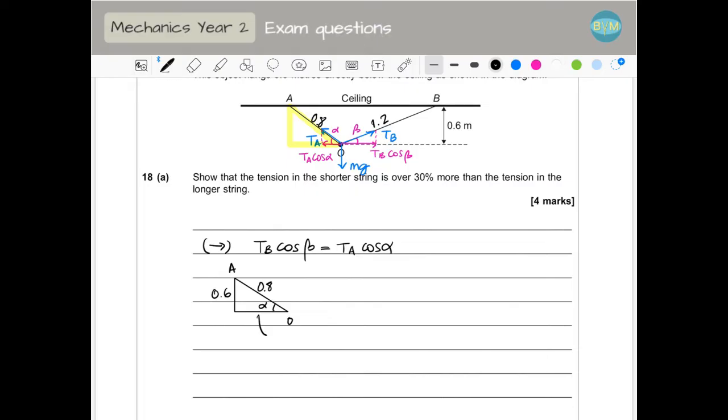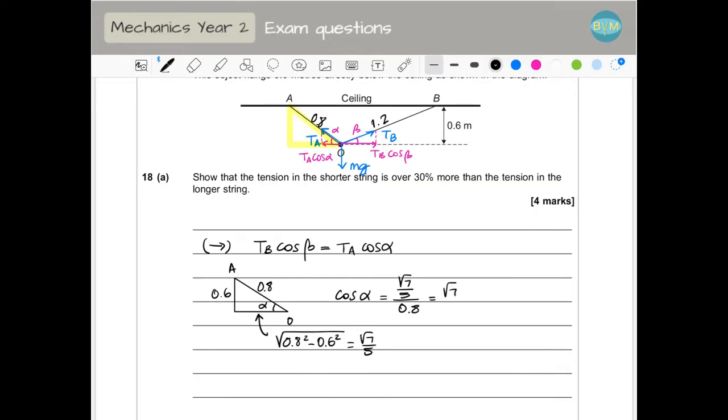So if I use Pythagoras, this missing side is going to be the square root of 0.8 squared minus 0.6 squared. And this is root 7 divided by 5. Which means cos alpha is going to be adjacent, so root 7 divided by 5, divided by hypotenuse, which is 0.8.